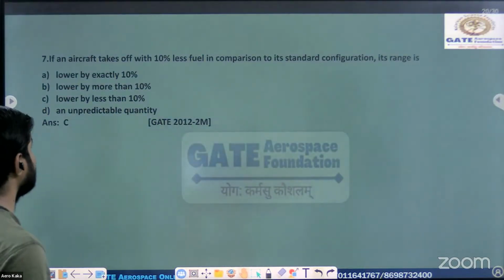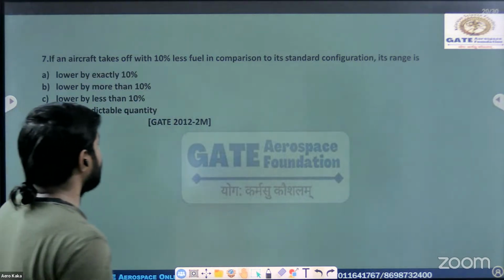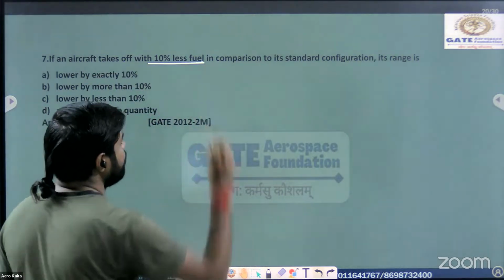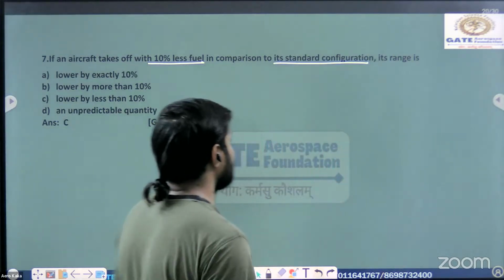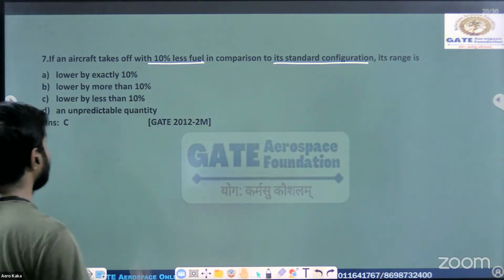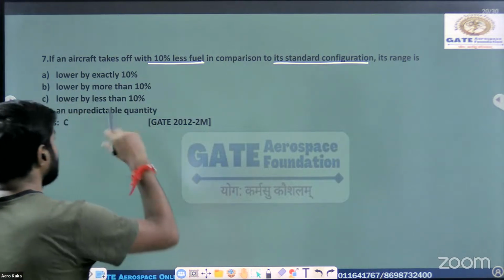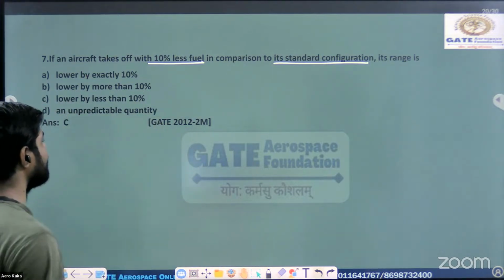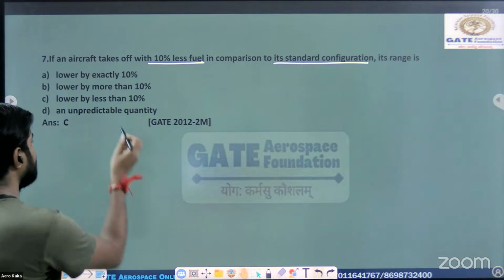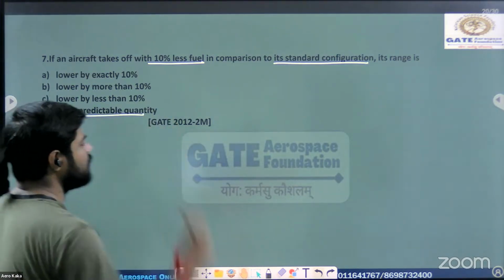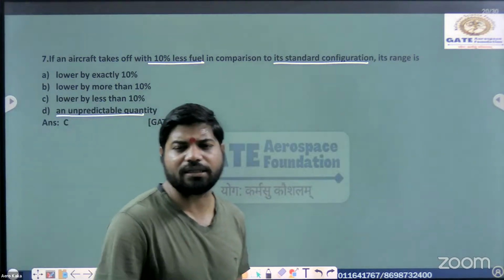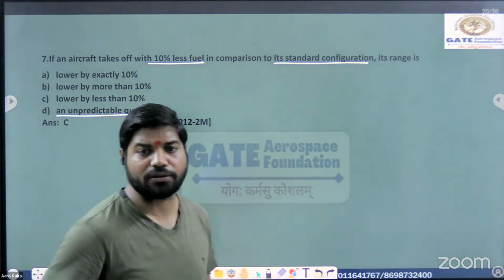Now, if an aircraft takes off with 10% less fuel in comparison to its standard configuration, its range is lower by exactly 10%, lower by more than 10%, lower by less than 10%, or an unpredictable quantity. How to approach this question? Really, this question is very, very standard.